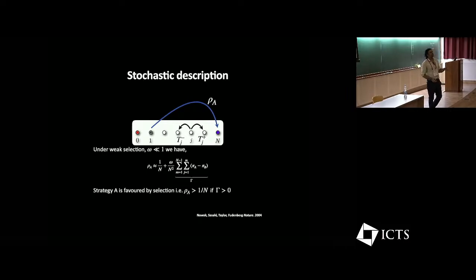Because if that is larger than 0, the term on the right-hand side over here will be positive. That means the fixation probability will be more than neutral. It will be more than just by chance, because by chance the fixation probability is just 1 over n, right? So if the strategy is selected for, a signature for that would be that the fixation probability is larger than just by chance.